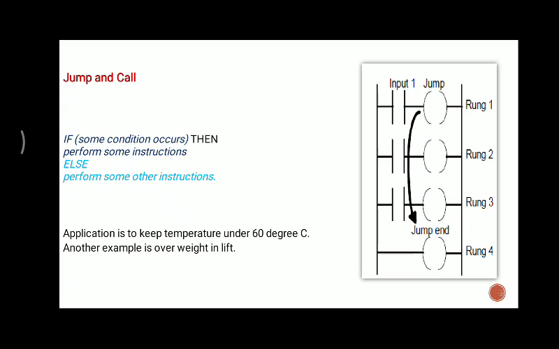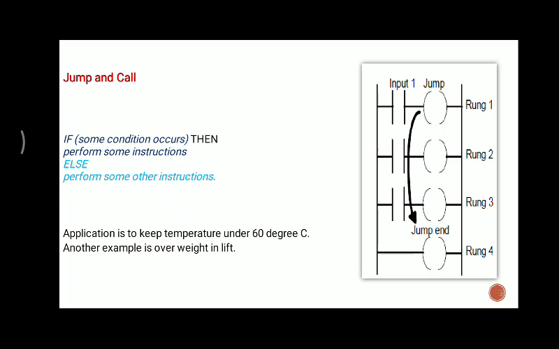Suppose we want to maintain a 60 degree temperature in the room. If the temperature rises above that, then we have to go for reducing the temperature, or we have to start the AC effect. And if the temperature goes below, suppose, 10 degrees Celsius, then we have to go for the heating effect. Just try to see this ladder diagram for jump and call.